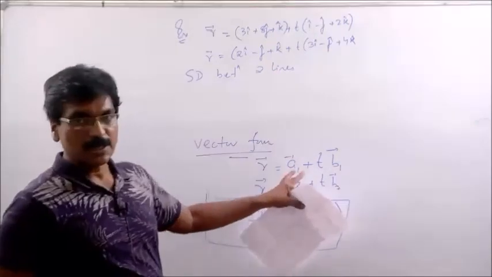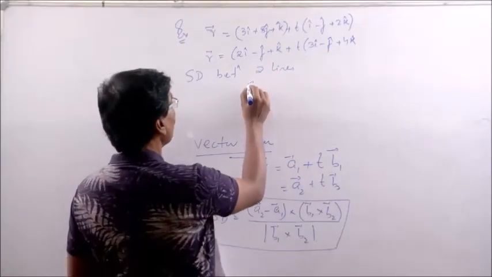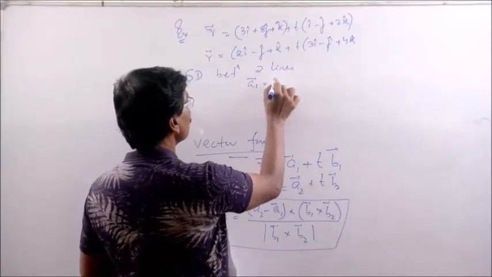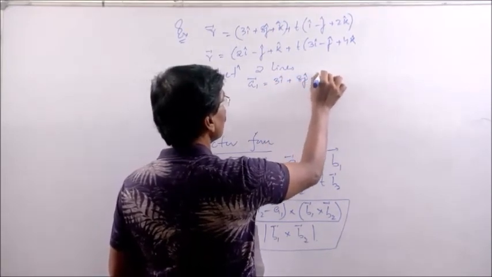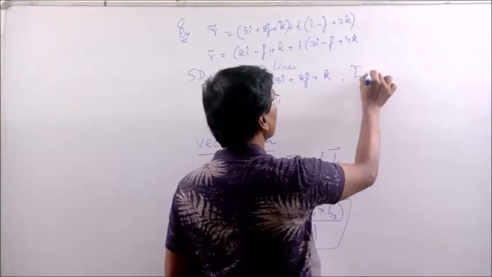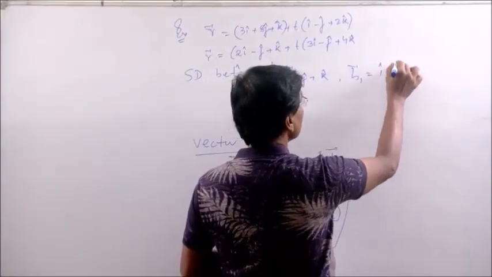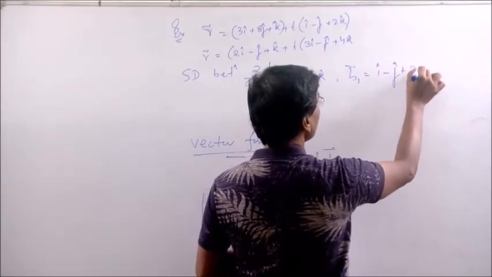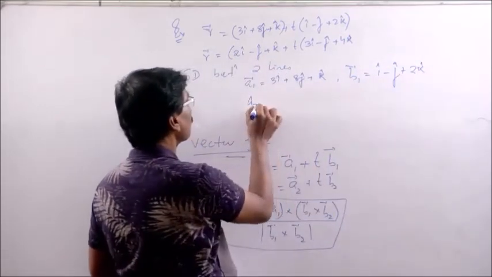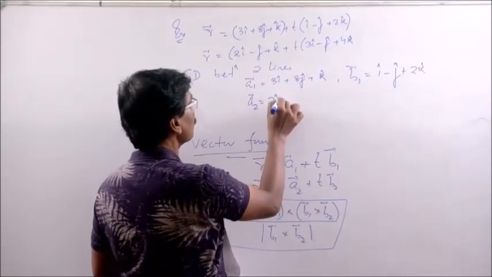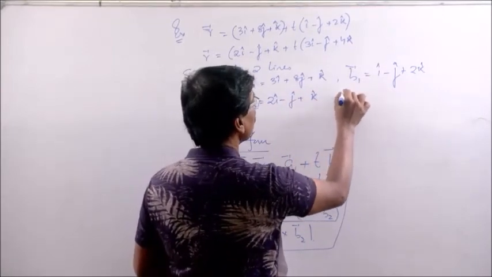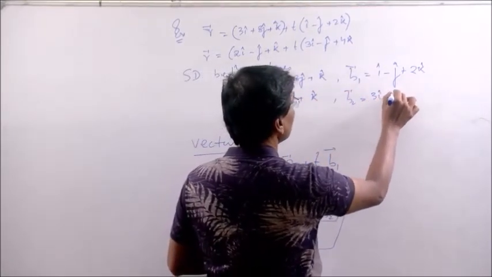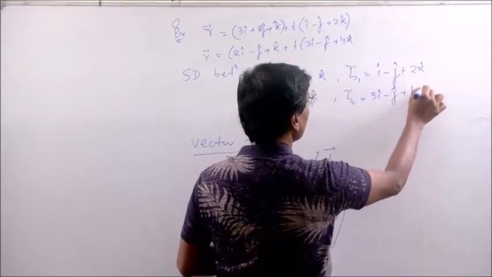So, here vector a1 is equal to 3 i cap plus 8 j cap plus k cap, and b1 is equal to i cap minus j cap plus 2k cap, and a2 vector is equal to 2 i cap minus j cap plus k cap, and b2 vector is equal to 3 i cap minus j cap plus 4k cap.